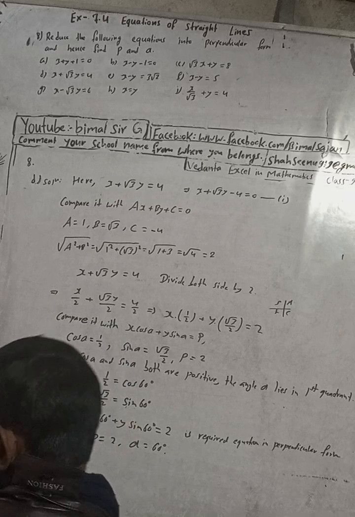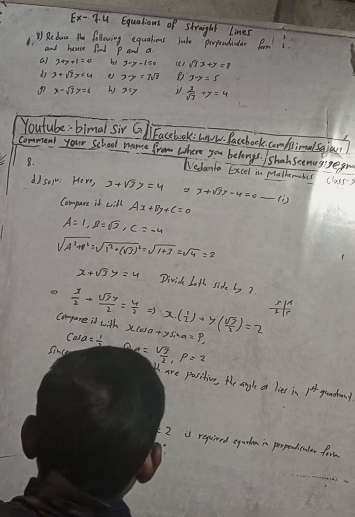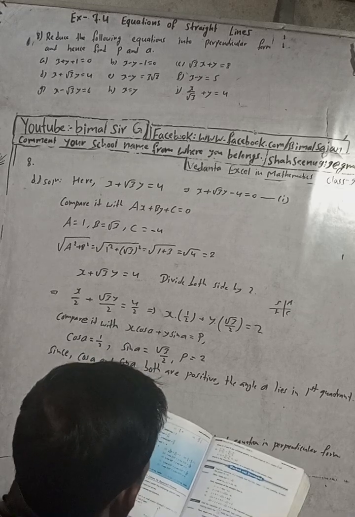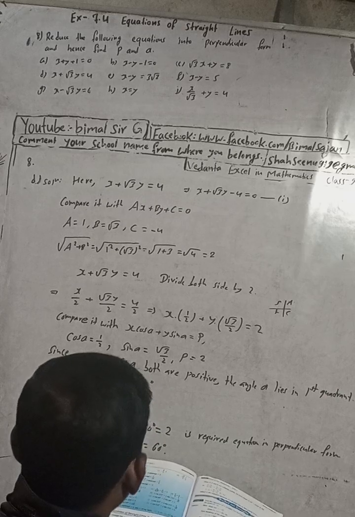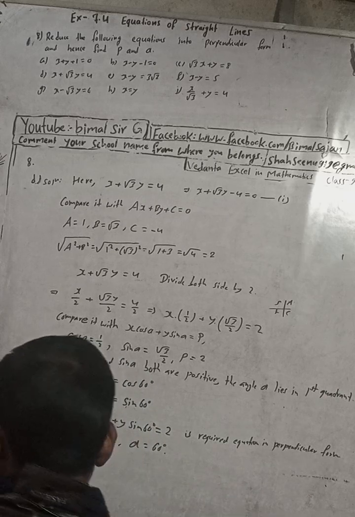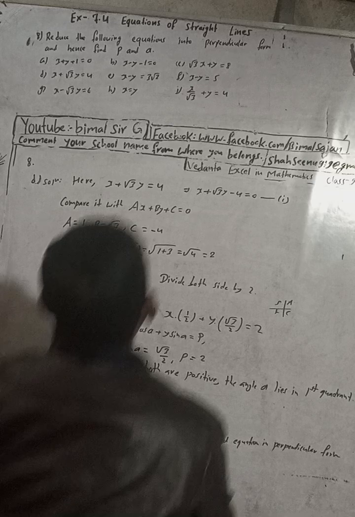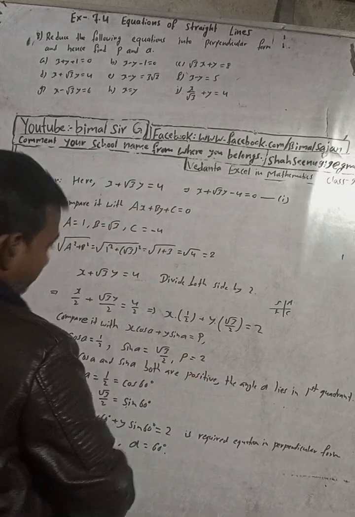Let me check this. So for D number, the answer is x cos 60 degree plus y sin 60 degree equal to 2. This is the correct answer. This was the solution for D number.